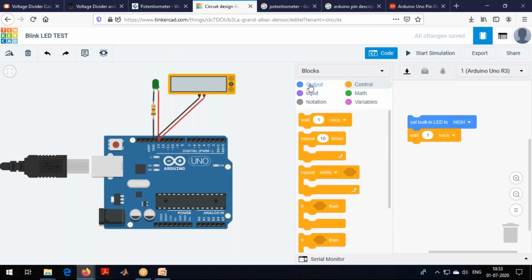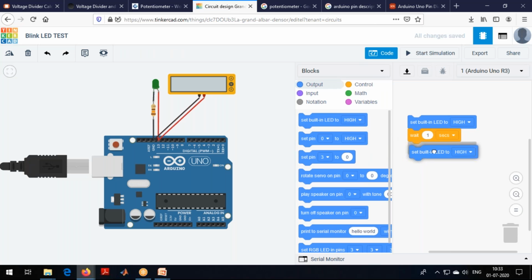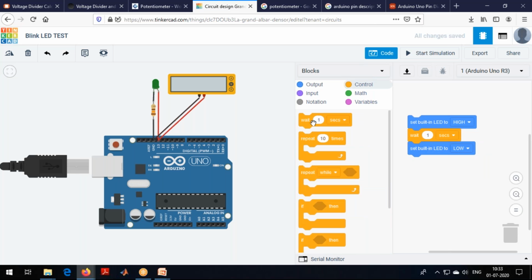Wait 1 second, then set built-in LED to low, then again wait 1 second. Is it clear? Make that LED on for 1 second, wait for 1 second, off, wait for 1 second, again on. This complete thing will be repeated.